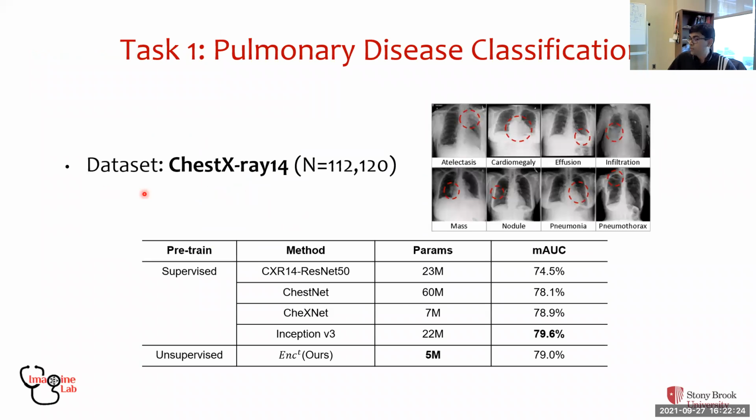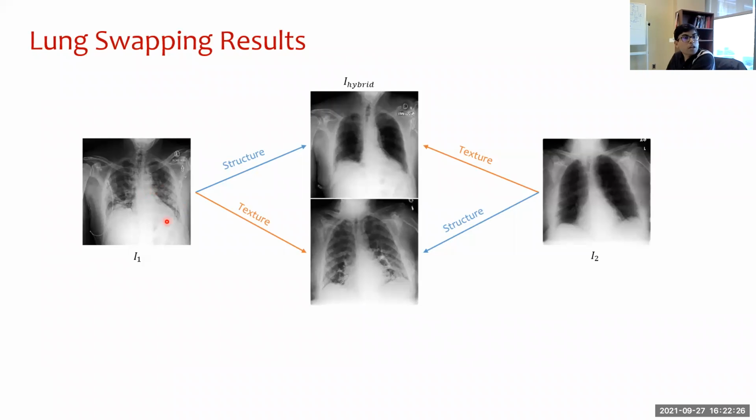In the first image, the COVID infiltrates which are present here have been removed because it takes the texture from the second image. Similarly, if you look at the lower branch, we have taken the texture of the first image and the structure of the second image. So essentially, you can see this hybrid generated image here.